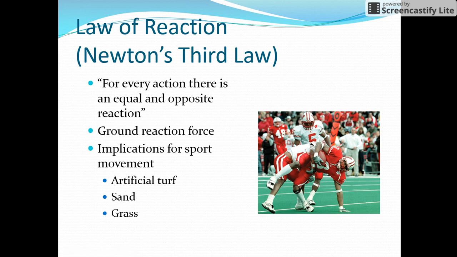Time for you to answer that. So, firstly, on artificial turf they would jump the highest because they would have the most reaction force, because the artificial turf is the hardest, followed by the grass and then the sand. The sand is not very hard, so therefore the reaction force is not going to be as large.